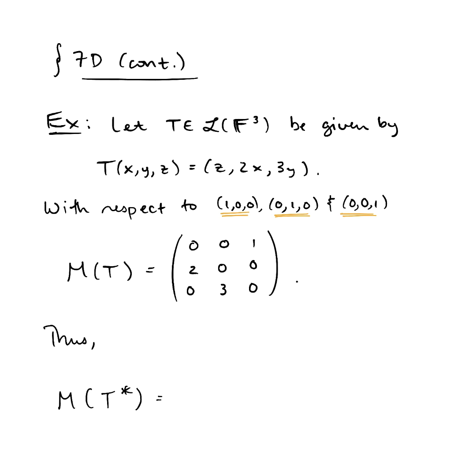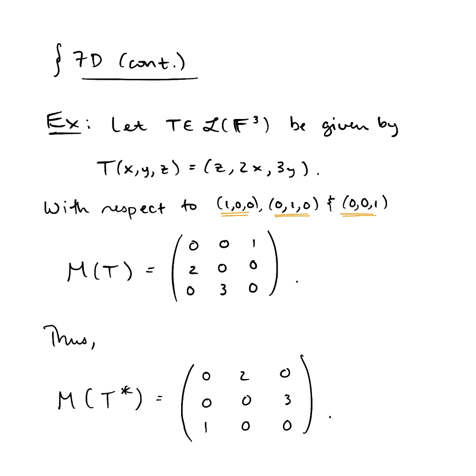Our matrix is mostly zeros and has only real numbers in it, and so the conjugate transpose is just the transpose, and so it's easy to write down. First row used to be first column. Second row used to be second column. Third row used to be third column. Nice. So now we have the matrix for T star.